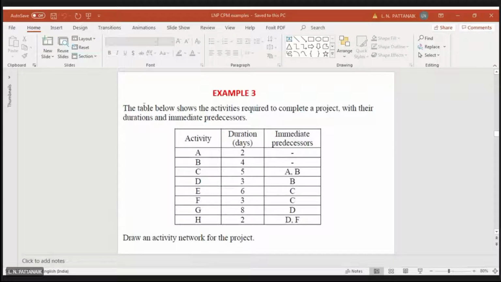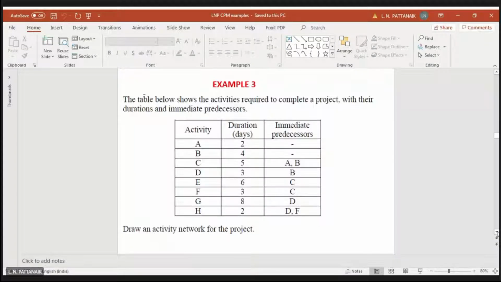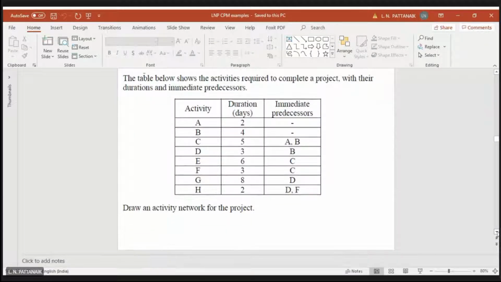Who is speaking? What's your name? Oh, Ron. Okay, so how many dummy activities have you used in total? 2. That's right, I was just checking. So 2 dummy activities are needed in this particular example. Let me share the solution with all of you so that you can compare with your result.